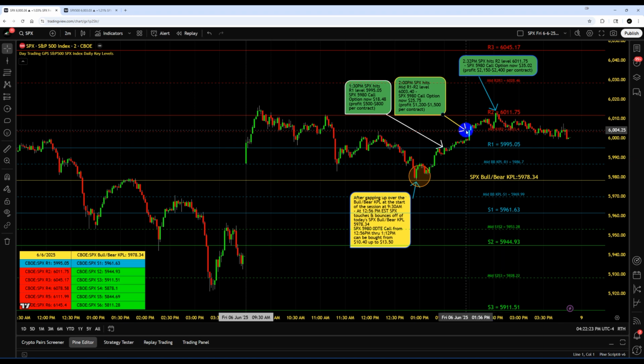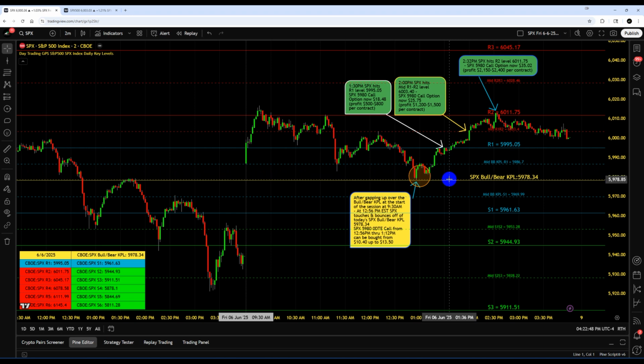So if you are the kind of trader that does like to do that, and you are going to get out of, say, 60 to 80% of your contracts and leave a risk-free runner, if you did that down here, then you would at least want to move your stop loss back to break even.